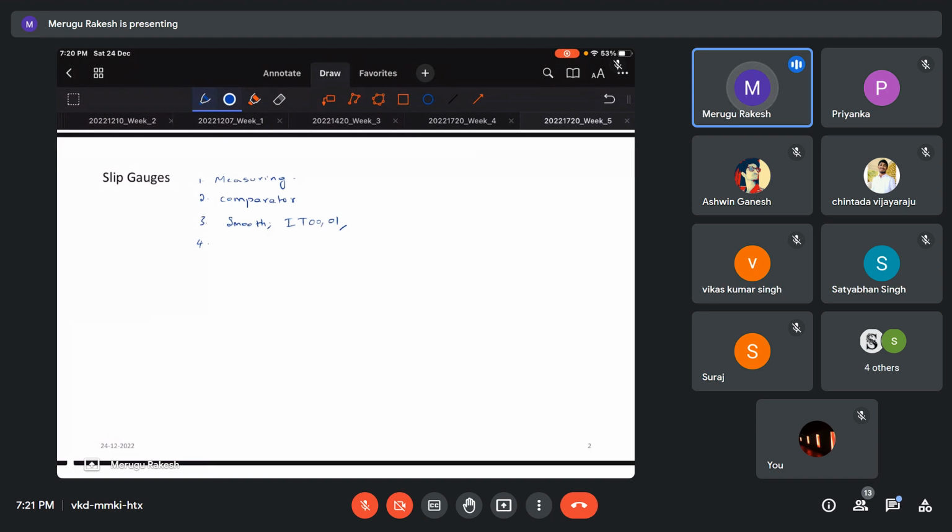So generally we have to use a very hard surface finish. So we can go with HSS, high speed steel, or you can even go for heat treated steel.